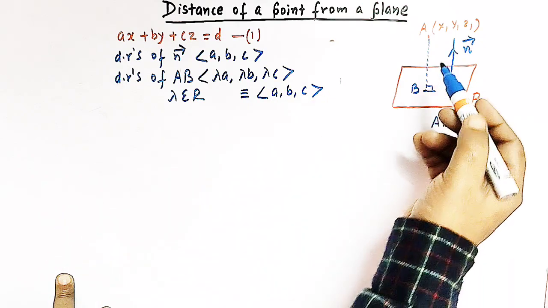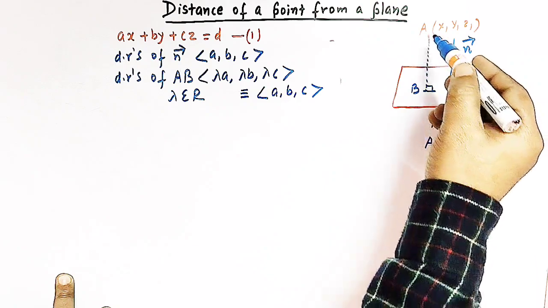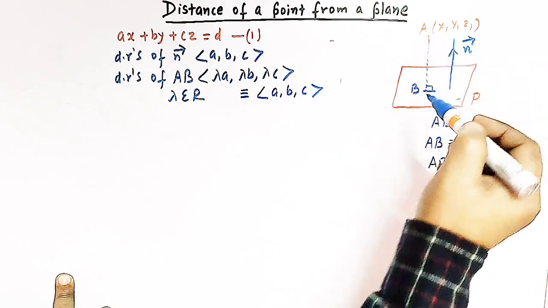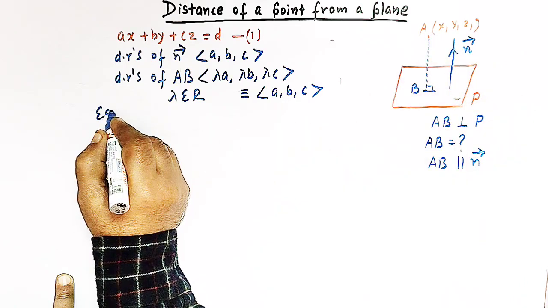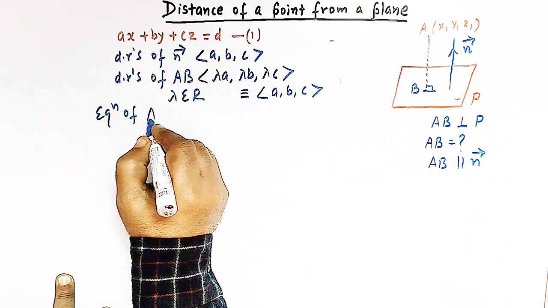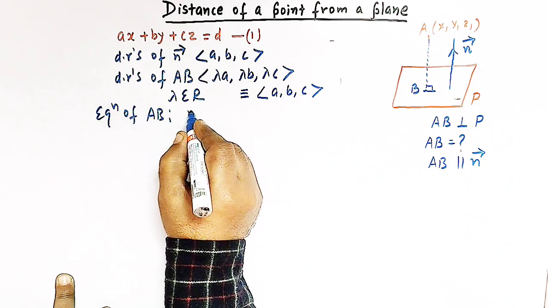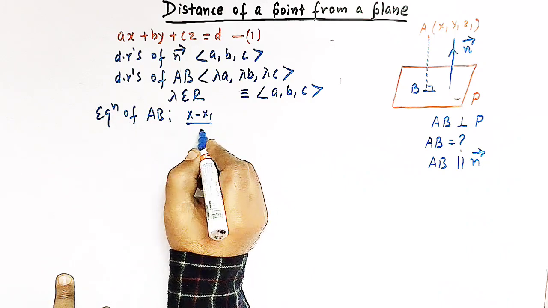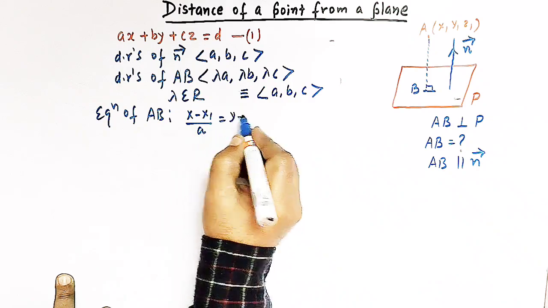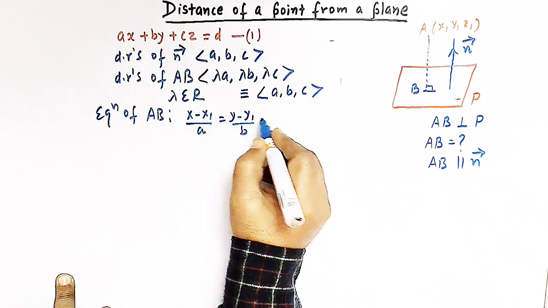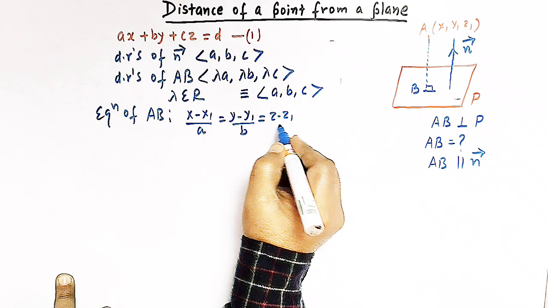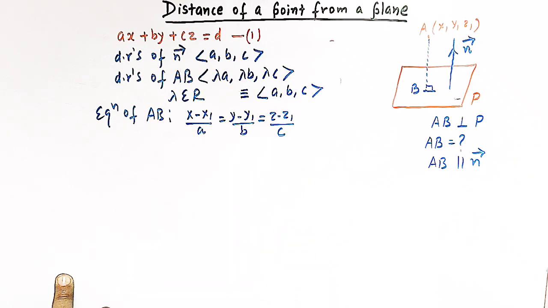So now we can write the equation of this perpendicular AB as x minus x1 over a, then we have y minus y1 over b and z minus z1 over c, right?